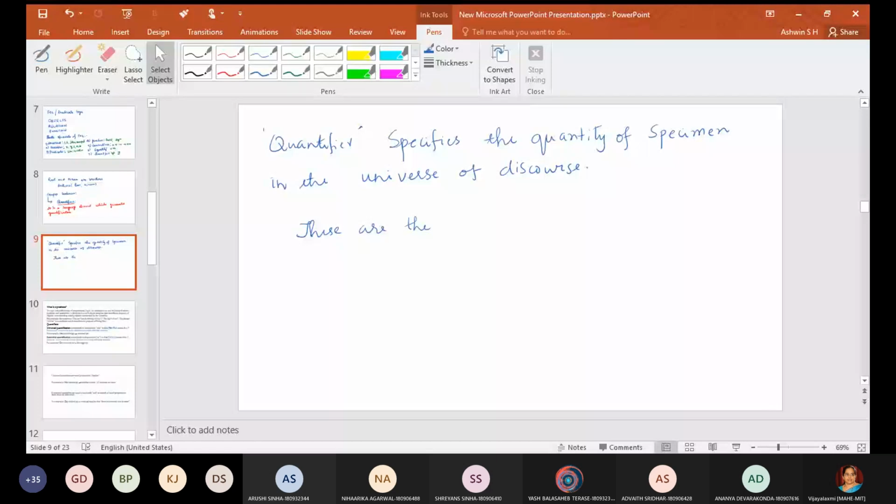Yeah, I was talking about the quantifiers. It specifies the quantity of specimen.